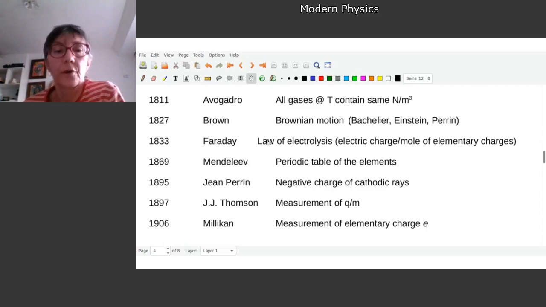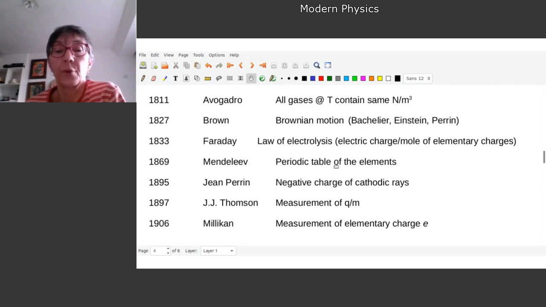So it was also a step towards the quantization of charge. Nothing was really clear, but Faraday had this rule.